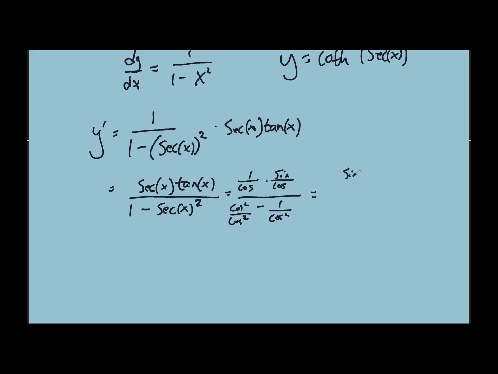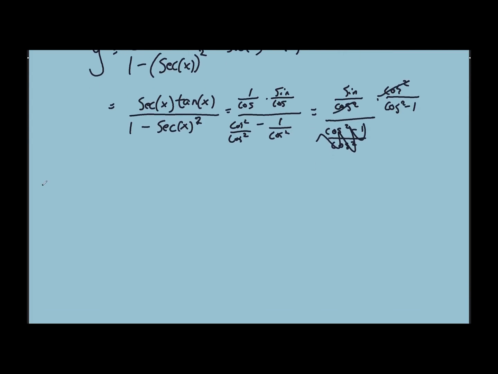That would be sine over cosine squared divided by cosine squared minus 1 over cosine squared. So I could rewrite this as a multiplier of the reciprocal instead, like that, and remove this, which allows these to disappear. Let's see if that makes it easier. That's going to equal sine over cosine squared minus 1.